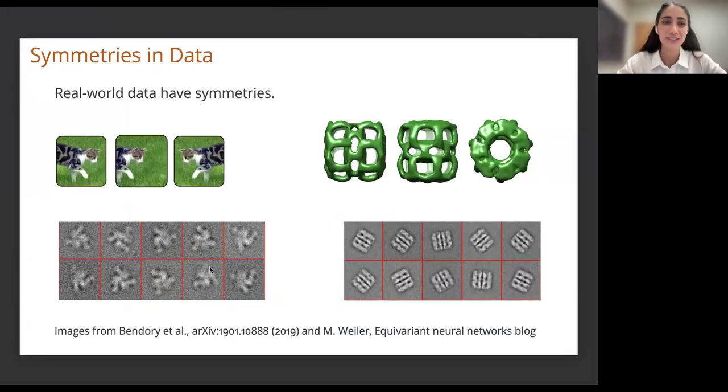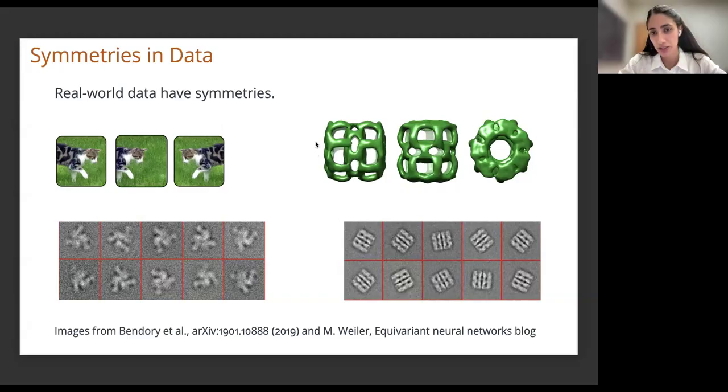So I was saying how the picture of a cat is still the picture of a cat, no matter if we rotate it or if we reflect it or shift it. It's still a cat, and image classification should recognize all of these as a cat. But also, here we have some other images from cryo-EM, where we can see that there is some rotational symmetry in all of these images from this molecule.